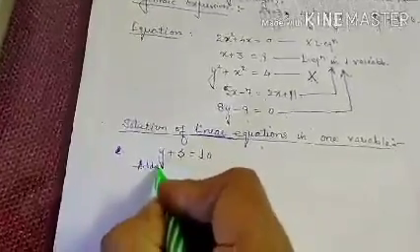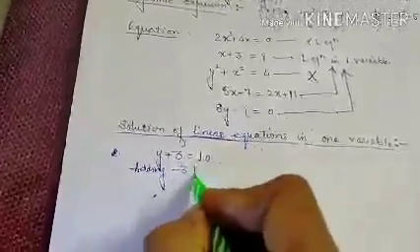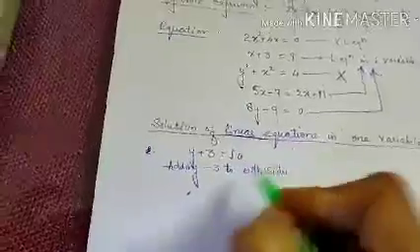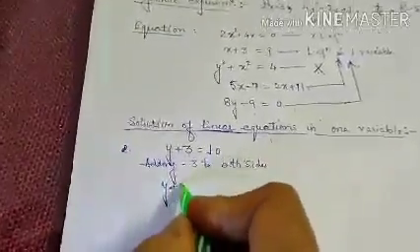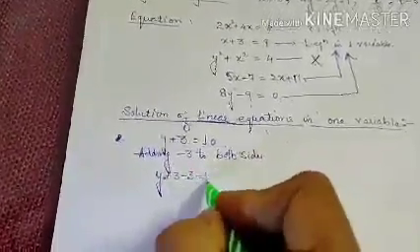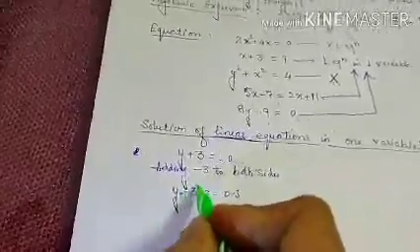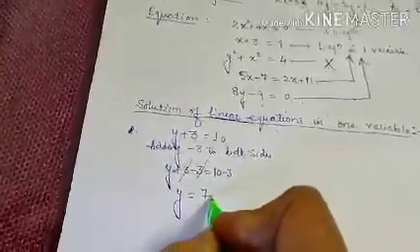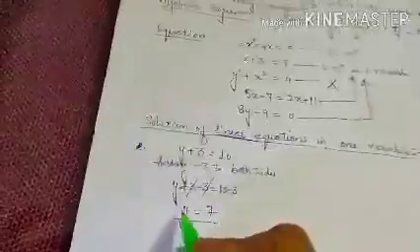Adding minus 3 to both sides, you will get y plus 3 minus 3 equal 10 minus 3. This cancels to 0 and you get y equal to 7. So this is the solution.